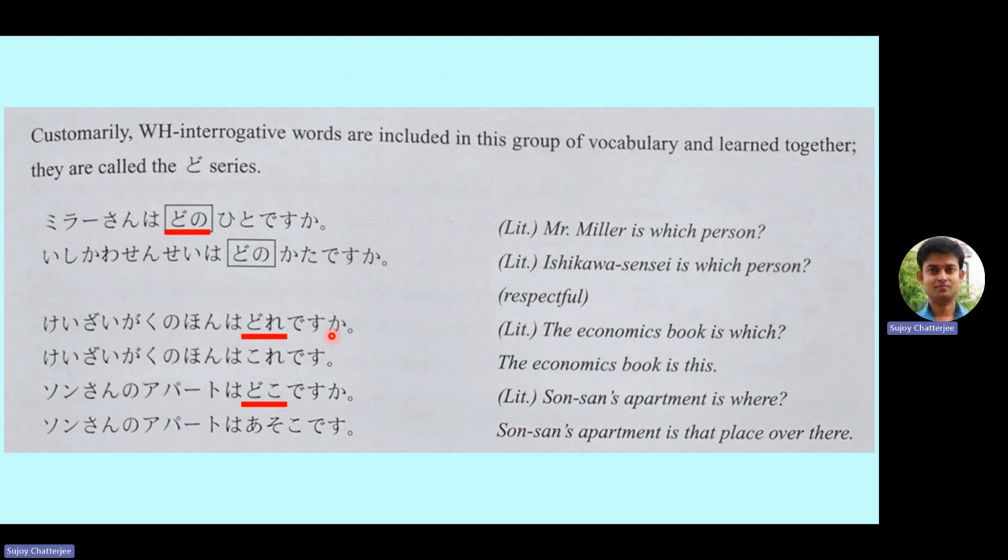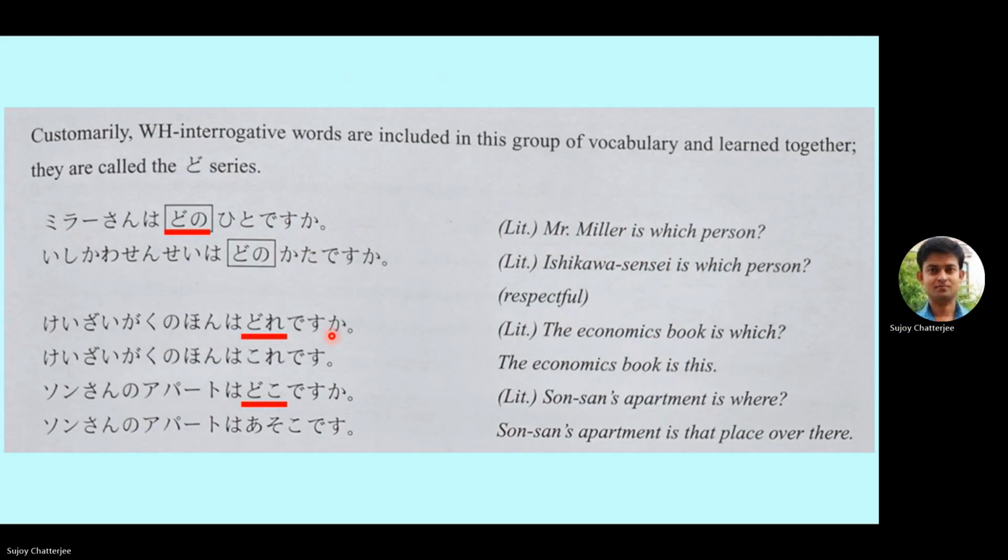And dono means which one, which one particular thing is XYZ. So that will be dono. So dono, dore, doko. Again, I'm repeating. Dono means which particular thing, dore means which, and doko means where.